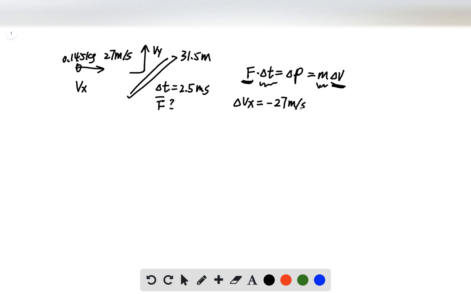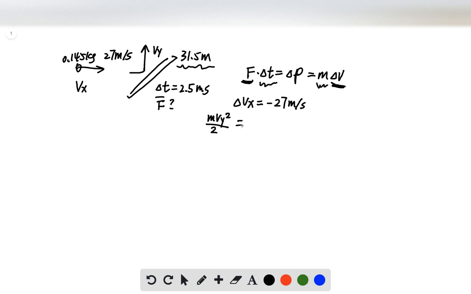So now we need to go back to our very first kinematic problems. We have initial velocity going up, and with the gravitational acceleration acting downward, it moves a total of 31.5 meters. There are a lot of ways to solve this, but let's just use conservation of energy for now. So right after the strike, the kinetic energy is half of m vy squared.